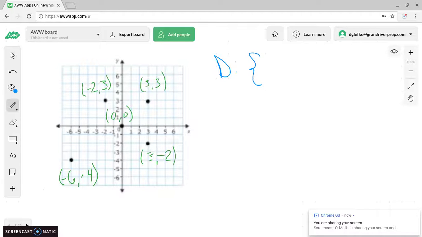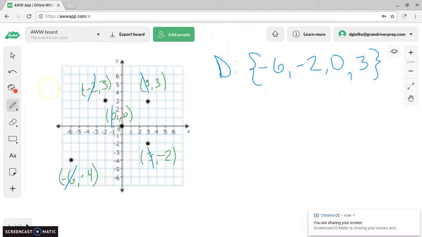Domain is all of our x's, and I'm going to work left to right, so it's automatically smallest to largest. I'm going to start with -6, because that's an x value. Then I have -2. Then I have 0. Then I have 3, which is this one and this one. So I cross both of them out, and then I'm done because I got all of my x values.